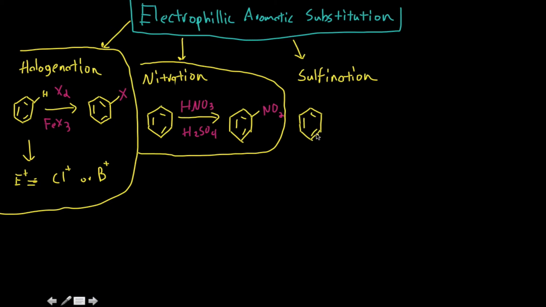You figured I'd be better at drawing benzene rings with this pen by now, but anyways, through some type of a reaction, we are going to add an SO3H, and I'll draw all the mechanisms for each and every one of these later, but you add SO3 and H2SO4. Generally speaking, if you're not working with H2SO4, you're working with a Lewis acid, usually iron or aluminum trihalogen. Okay, so that's sulfonation.